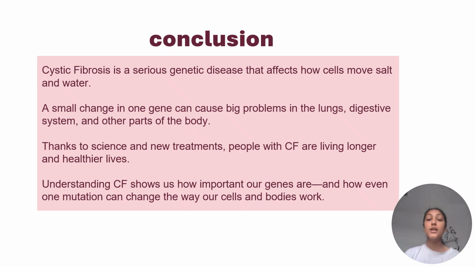I think understanding CF shows how important our genes are and how even one mutation can change the way our bodies and our cells work. We have to understand how genetics affects our health, and how understanding this can help make more medicine in the future.